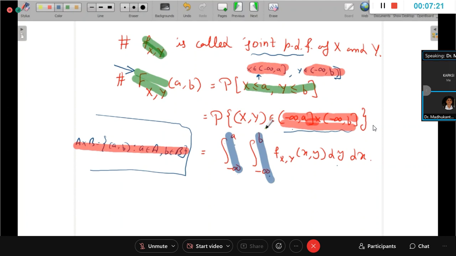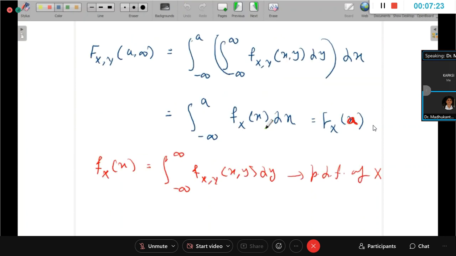Now this is the continuous analogue of what we discussed for discrete random variables. If you take y with limit infinity, in the symbol F(a, infinity), it means X is less than or equal to a and Y takes the whole range.